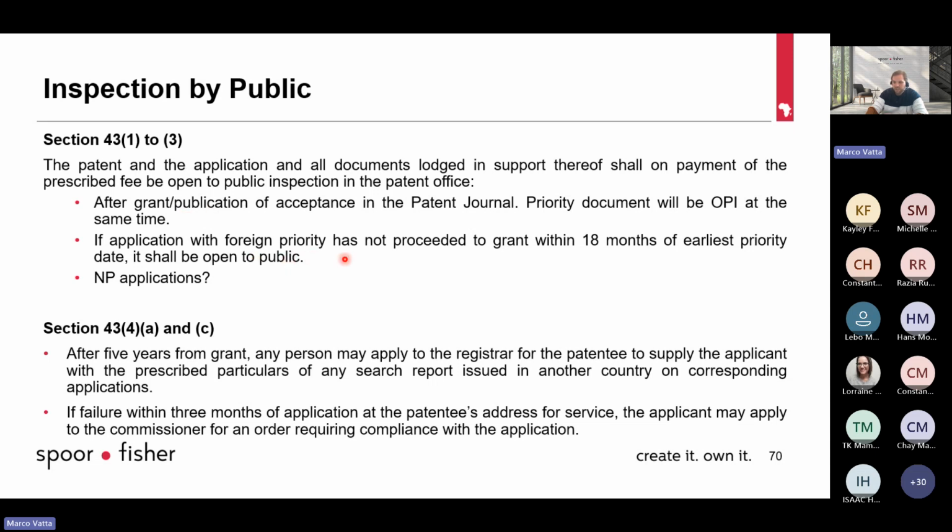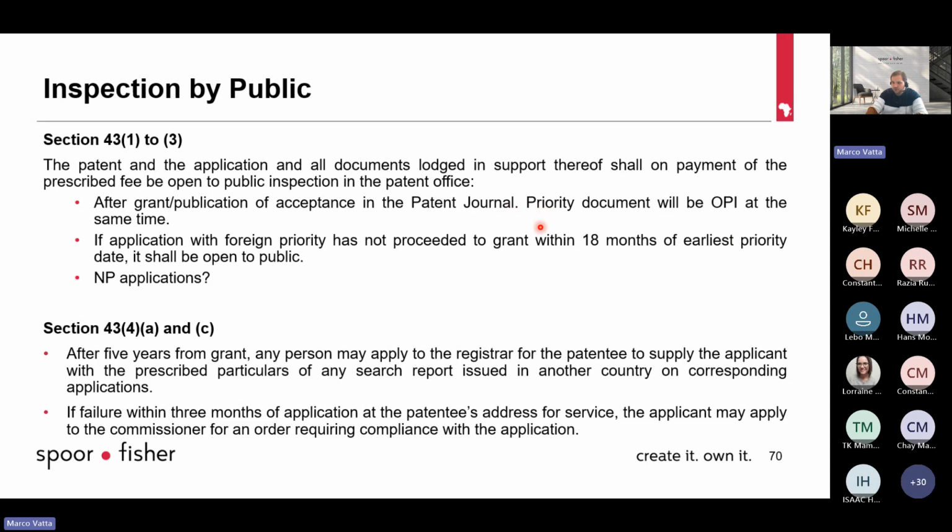If it's a convention application that claims priority from a foreign priority application, so a South African application that claims priority from a US filed priority application, it will become open to public inspection within 18 months from the earliest priority date. Okay, so be aware of the distinction between the two.